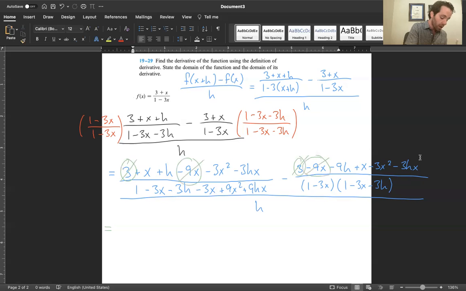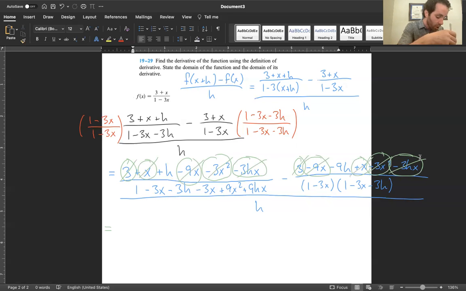Negative 3x squared minus negative 3x squared, those are gone. Oh, gee, it's almost everything, actually. x minus x, that's gone. And negative 3hx minus negative 3hx, those are gone.